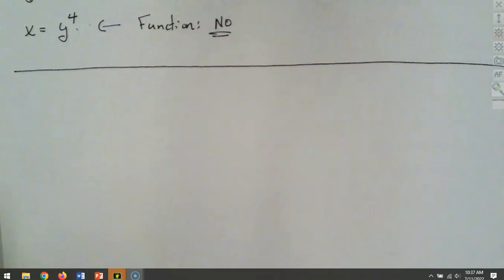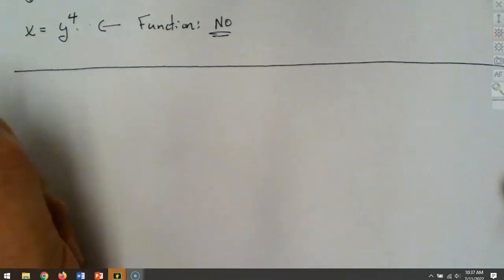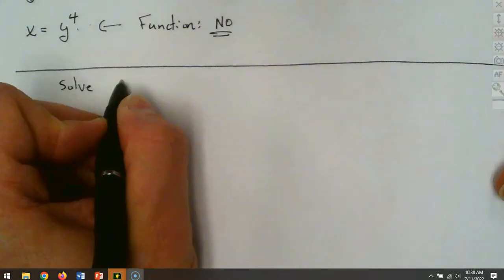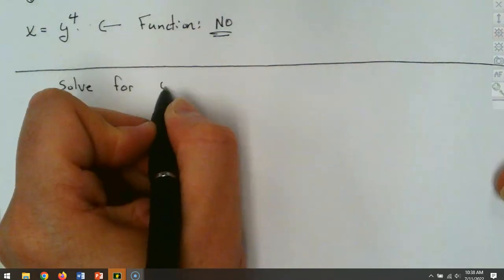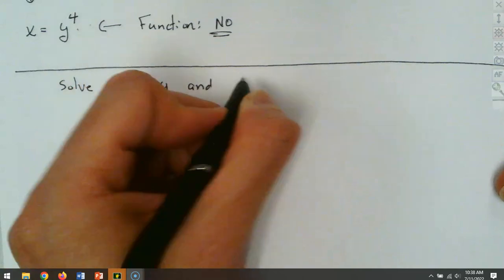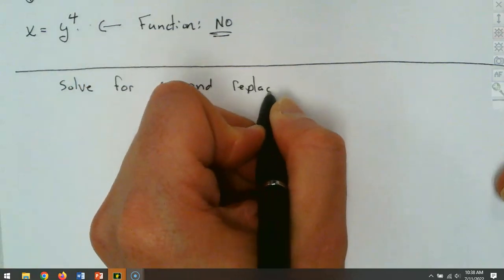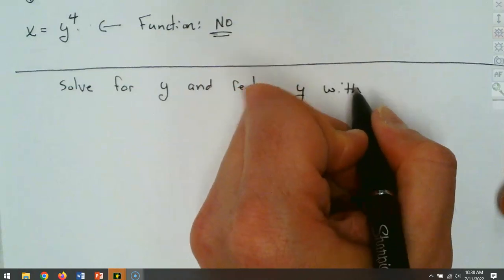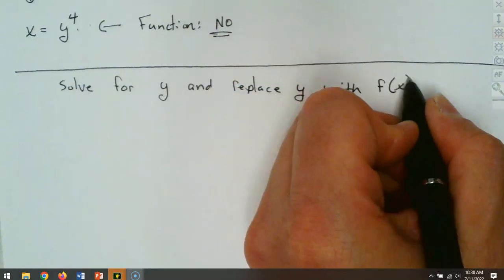So we're now going to look at these functions, and we're going to look at equations. And what we're going to be doing here is we're going to be solving for y, and replace y with the function notation f of x.